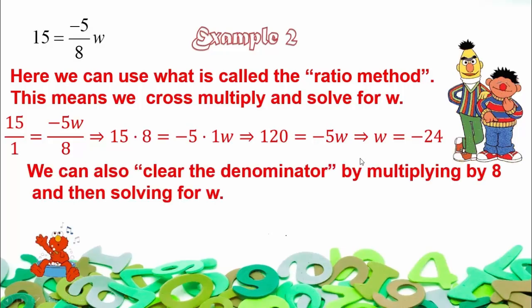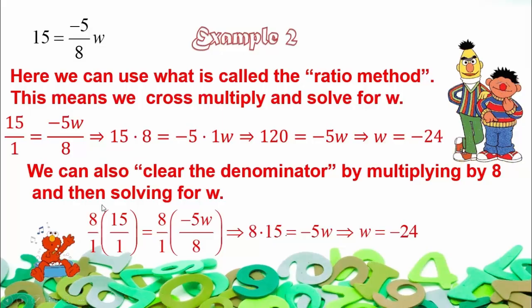We can also clear the denominator by multiplying the whole thing through by 8 and then solving for w. So I put 8 over 1 to make it clear about the fraction so that I know where to cancel out. And I turned it into a regular algebraic problem, and then I found that w was equal to negative 24 as before.